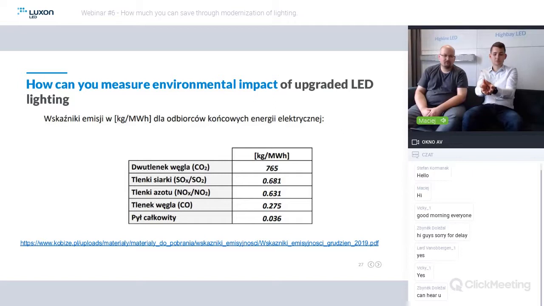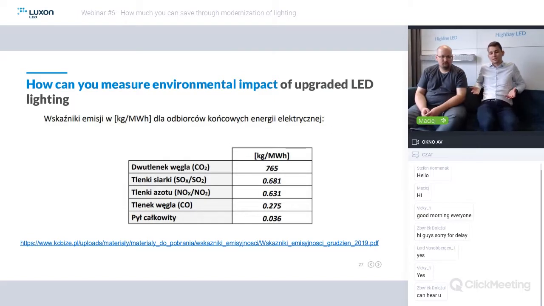So basically, what you can see here is how the Polish structure of energy production influences the production of CO2, SOx, or NOx, the total emissions that pollute our environment.